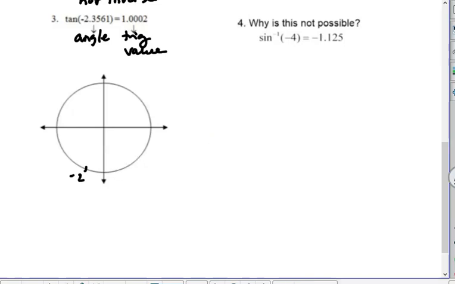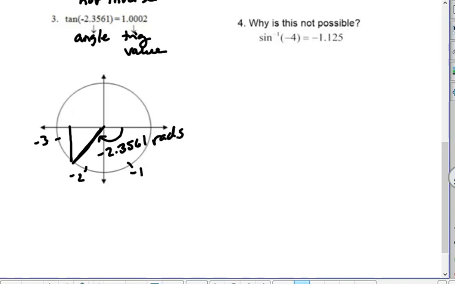Actually, -1 is probably not quite that high. -1 radian, -2, -3, and what I want is -2.35. So that would be about right here. So -2.35, and I'm going to draw and label that -2.3561 radians.